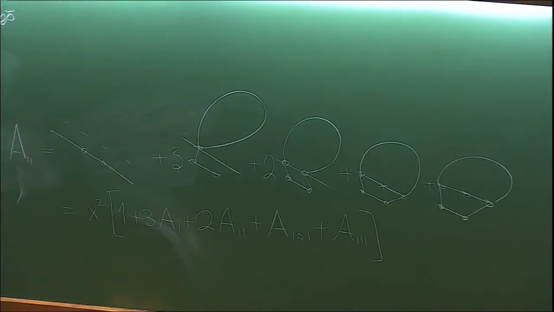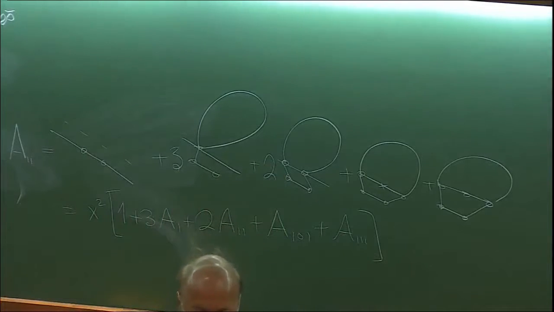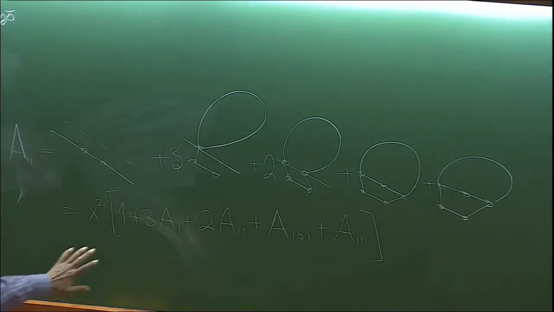The counting is more or less the same, except there are some negative signs. That's the only difference between the two equations. Okay? So suppose I put a minus sign whenever there is an odd number of particles in A, and a plus sign whenever there is an even number. Then these 2 will be the same.